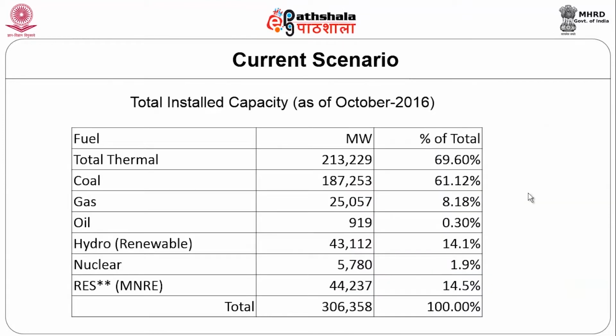This is the current energy scenario in the country till October 2016. This is the total installed capacity. At the time of independence, around 1950, we had only 1300 megawatt of electricity installation.